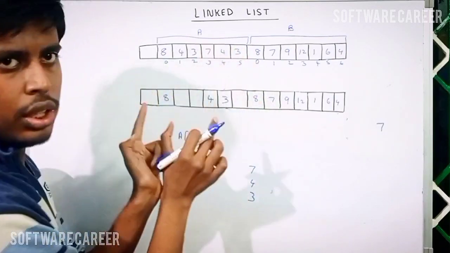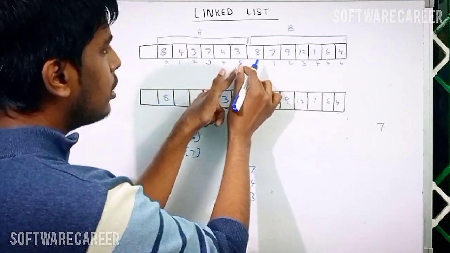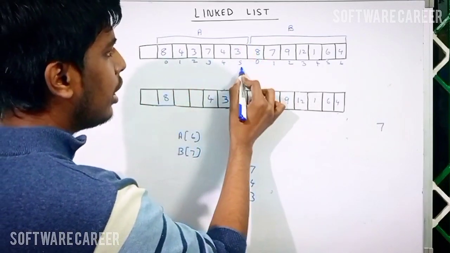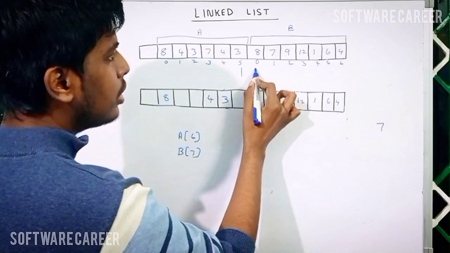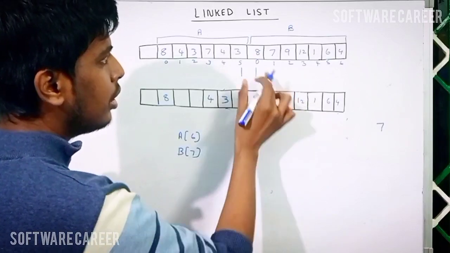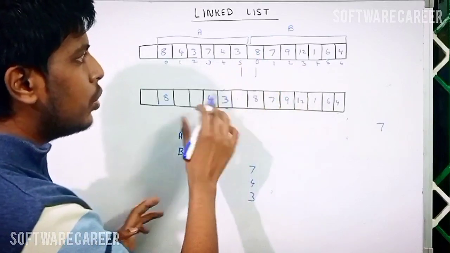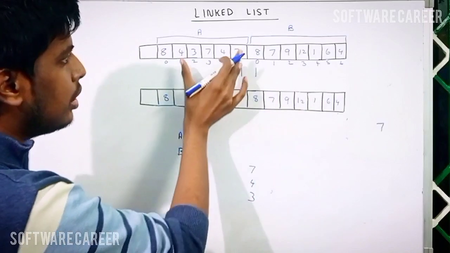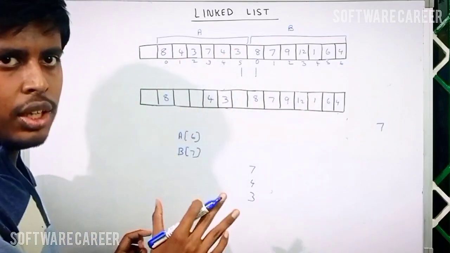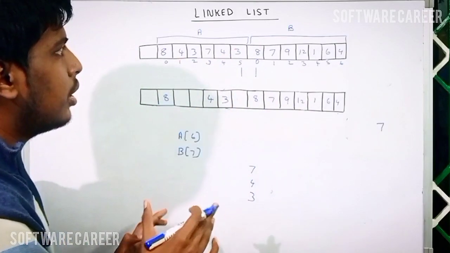Array A is full, and this is the memory location for array A, ending here, and this space is starting for B. No space is there to increase array A. You can't increase the memory size of array A. So how to increase the size?